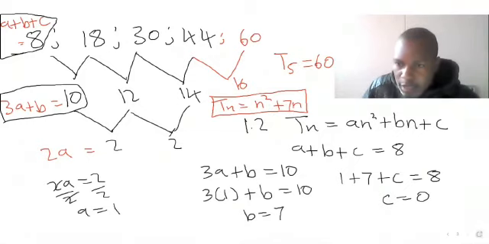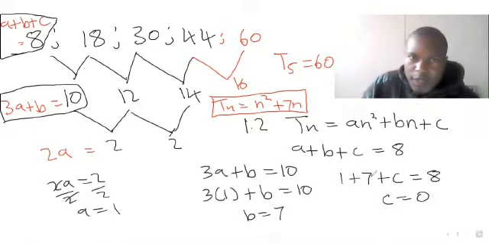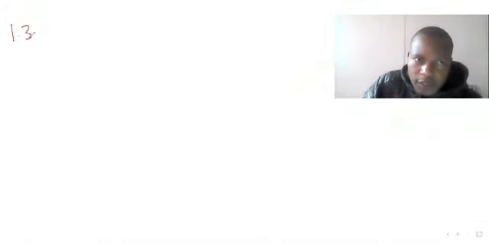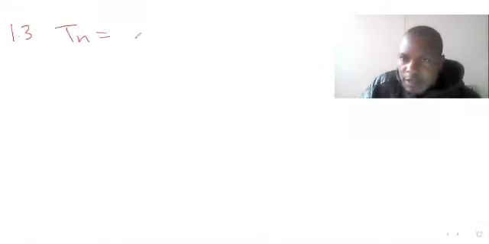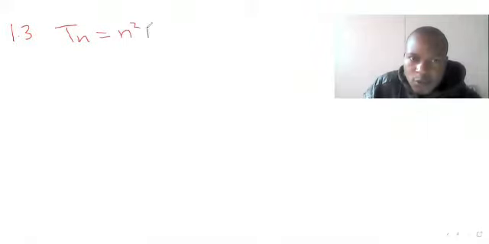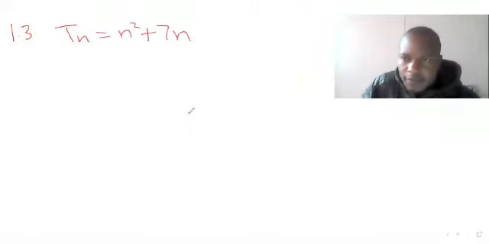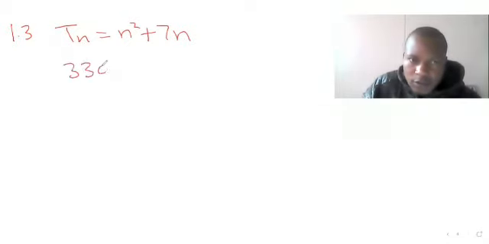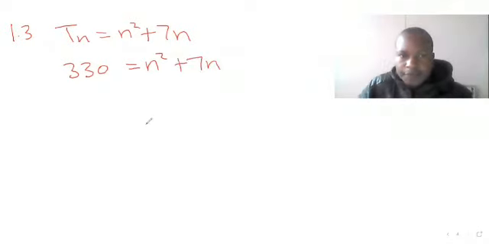Let's move on to the next page for us to do so. That would be 1.3. We will just write out Tn equals n squared plus 7n. We were asked to find the n if Tn equals 330. So 330 equals n squared plus 7n.